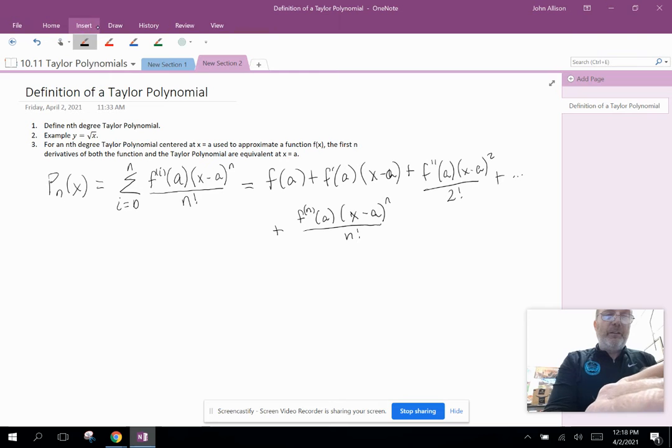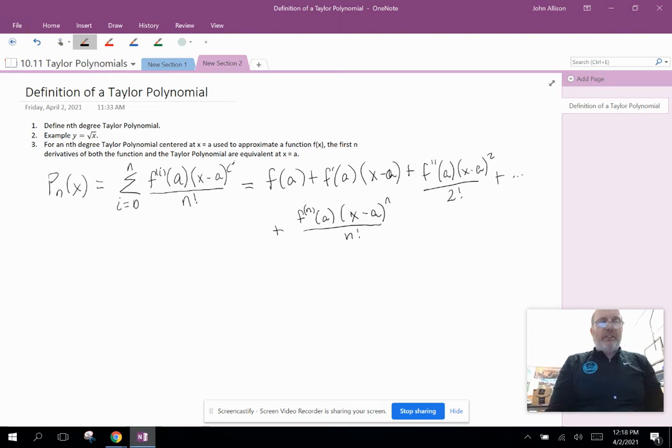And up here, this should have been an i. Because x minus a to the 0 power is going to be 1, so this becomes f of a plus f prime of a times x minus a.